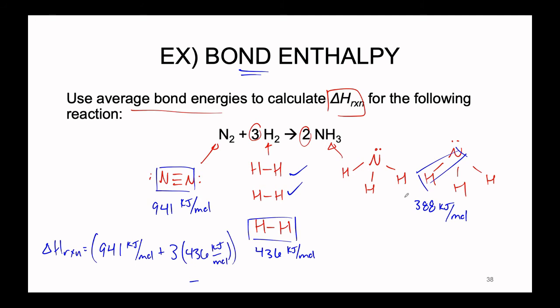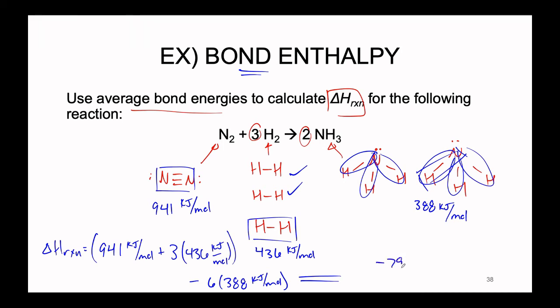We can see on the product side, we are forming 1, 2, 3, 4, 5, 6 nitrogen-to-hydrogen single bonds, which means we're going to subtract out 6 times 388 kilojoules per mole. All right, big equal sign, so I can draw the final answer over here in this empty space. The predicted enthalpy of reaction, using the bond enthalpies for this reaction, is negative 79.0 kilojoules per mole.